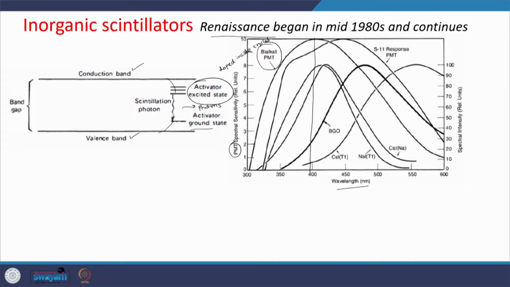Then we can have a better combination as a detector. So, it is important to choose an appropriate photomultiplier tube.